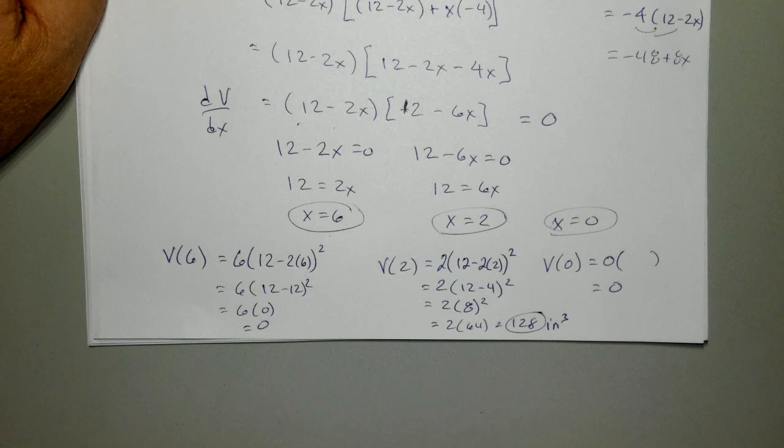So our optimal box will look like what? What will the dimensions of our optimal box be? I just want the dimensions.